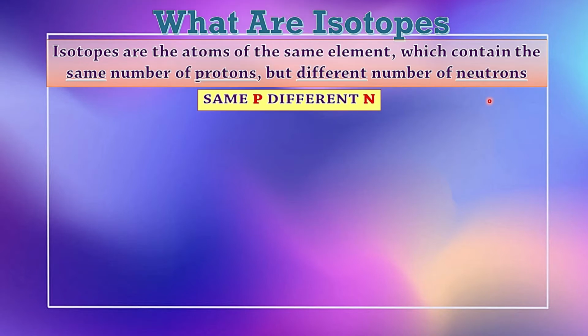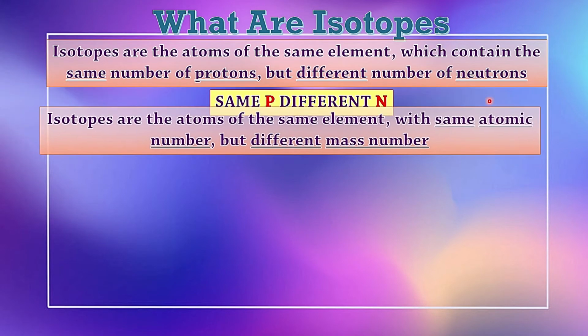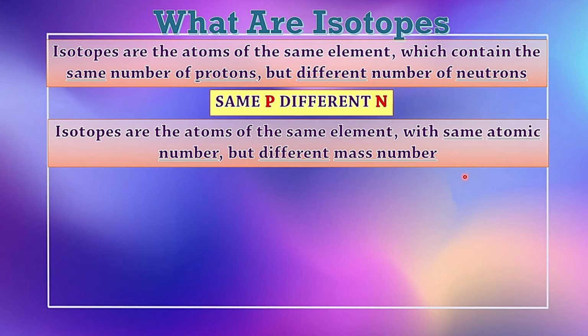Because their number of neutrons is different, they have the same atomic number, which is the number of protons, but a different mass number. Because the neutrons change, their mass number also changes.